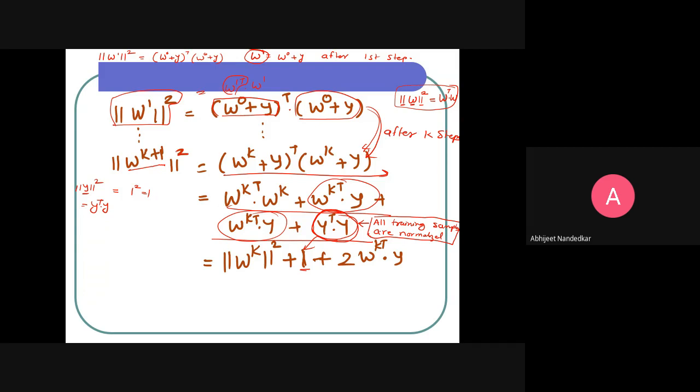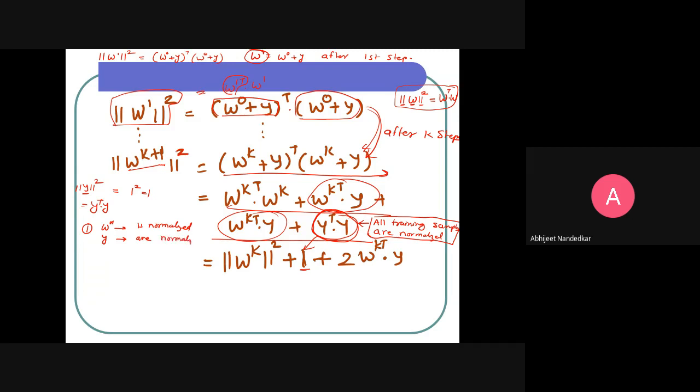Two things are normalized in this derivation. The first one is the solution weight vector, that is, the hypothetical solution weight vector W star is normalized, and Y, that is the training samples, are normalized.